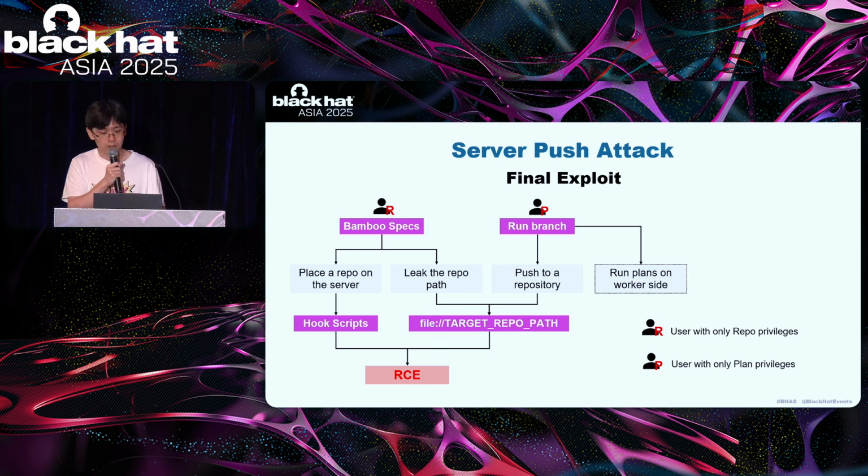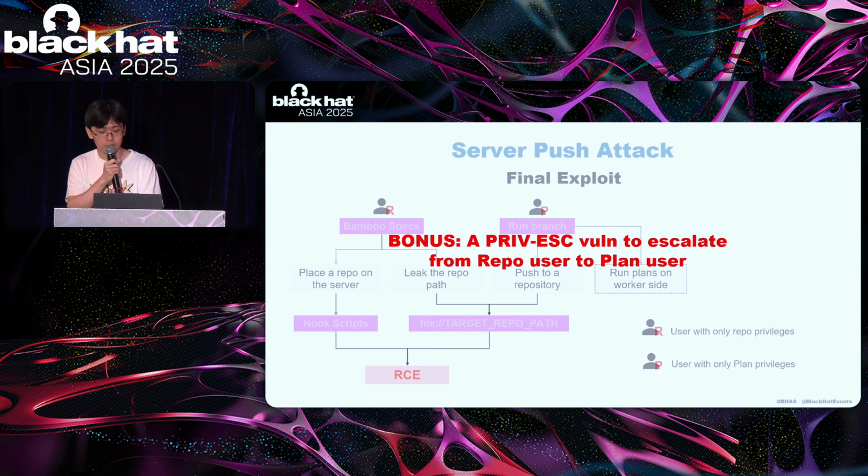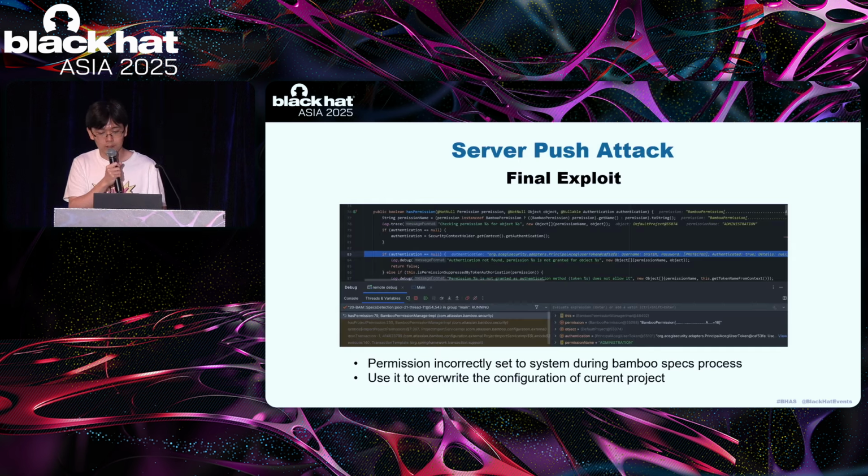Just to mention that Bamboo Specs requires a user with repo privileges, and the run branch job requires a user with plan privileges. So we have a bonus vulnerability, which is privilege escalation from a repo user to a plan user. That is because permission is incorrectly set to system during the Bamboo Specs process.